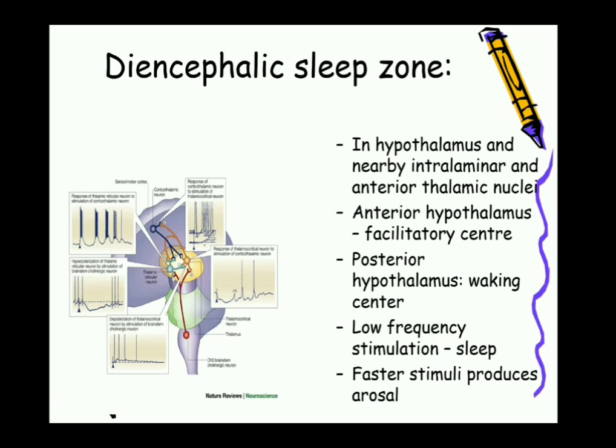Starting with the first, the diencephalic sleep zone is present in the posterior hypothalamus and nearby intralaminar nuclei and anterior thalamic nuclei. The anterior thalamus has a facilitatory center, and the posterior thalamus has a waking center. Stimulating with low frequency results in sleep, and faster stimuli produce arousal.